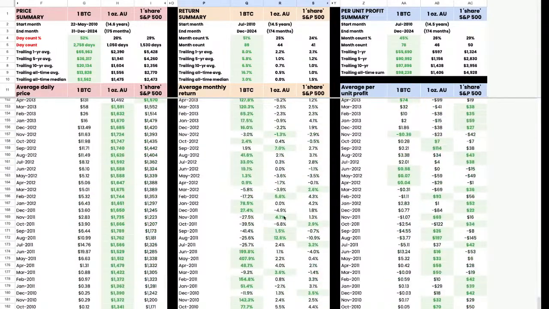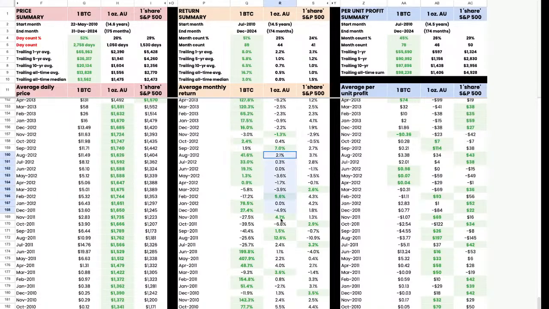And as one would expect, when Bitcoin was very small and growing very rapidly in the early years, first averaged a penny in June of 2010, then 4 cents in July 2010, you're going to get huge returns. These are huge monthly returns, right? 373% in July over June, 57% in August over July, so on and so forth.